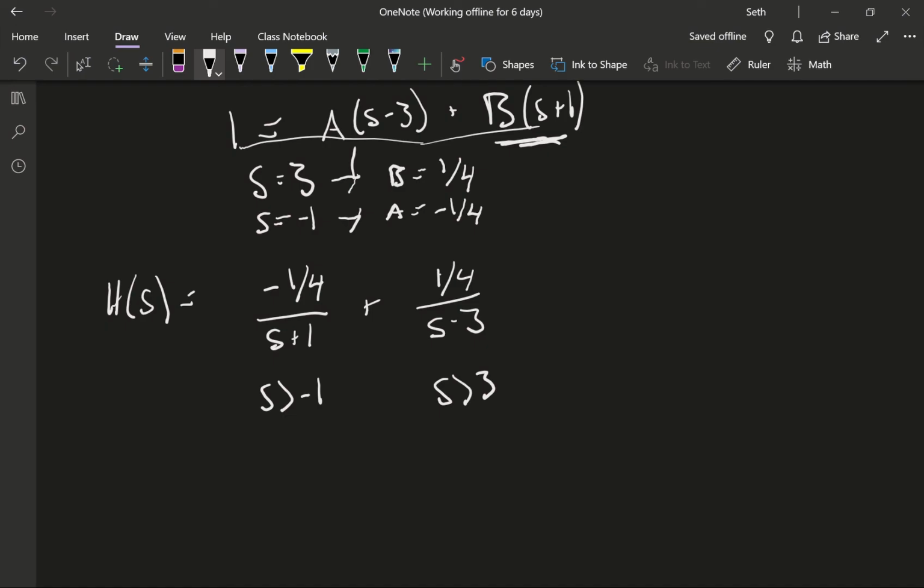When you combine these conditions, you get the region of convergence for H(s), which is s greater than 3, because we're in the right half plane to the right of the rightmost pole 3. So we go to our table of transforms. You need to be careful that you're picking out the right transform for your condition. I wrote s greater than -1 and s greater than 3, but really I should have written the real part of s.